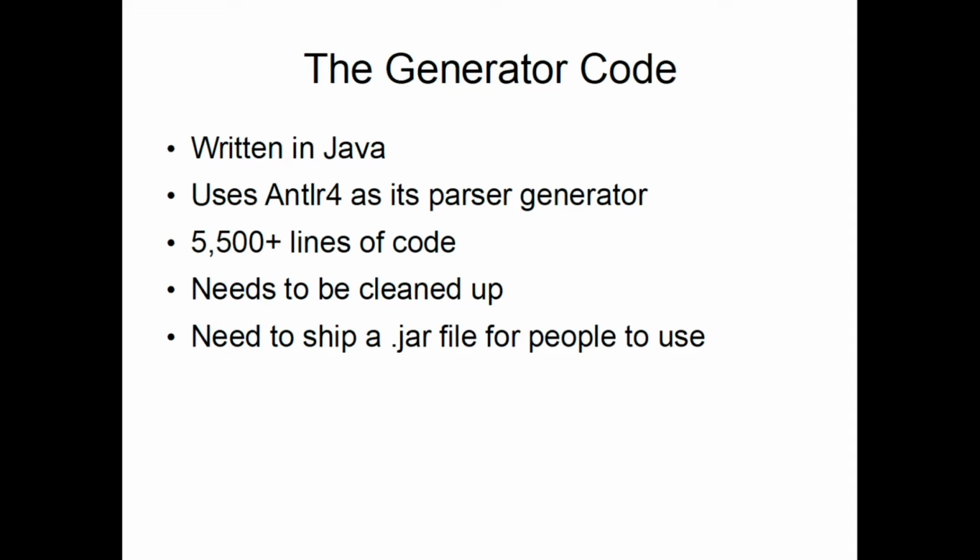If I find that I need to change the grammar and add more things, I just change it. There's a grammar description file in extended BNF, Backus-Naur form. I just change that description, run it through ANTLR 4, and it generates a bunch of Java that will parse those files.